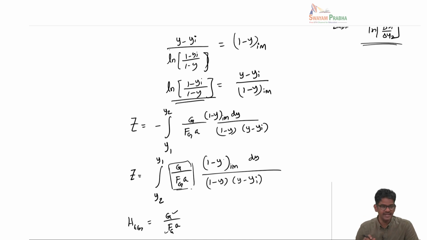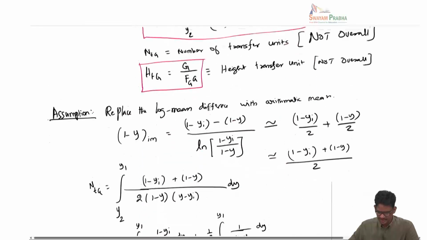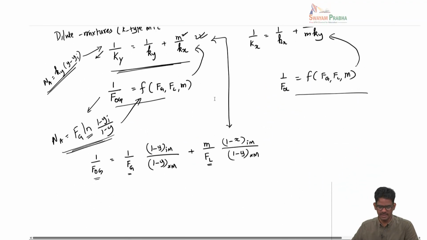So why this Fg or FOG depends on composition is actually shown here. You see this 1 minus y im is the log mean difference of the interfacial concentration, and this is the log mean difference of the equilibrium concentration. I will give the expression for this right now.